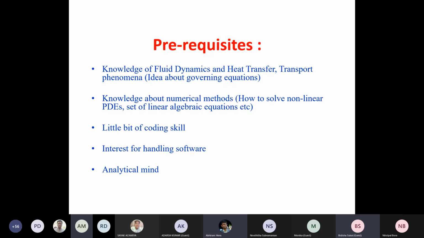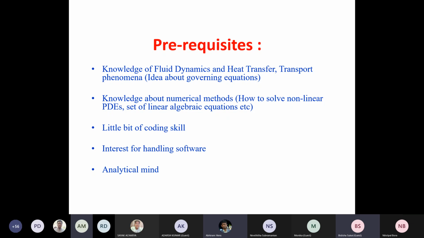In fluid mechanics or heat transfer courses, you must have studied a lot of equations, and many of them are empirical and semi-empirical in nature. That means in a particular system, some researchers have worked, generated experimental data, and attempted to give some correlations.